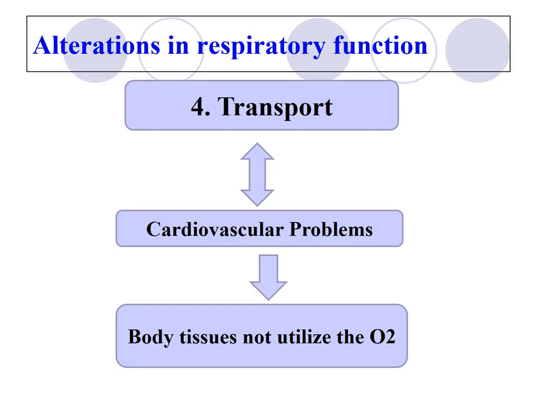From the heart, it is pumped into the circulation to all body tissues. So if there is any defect in the circulation or in the heart, it will affect the transport of oxygen to the tissues. In this case, the body tissues will not be able to get the oxygen they demand.